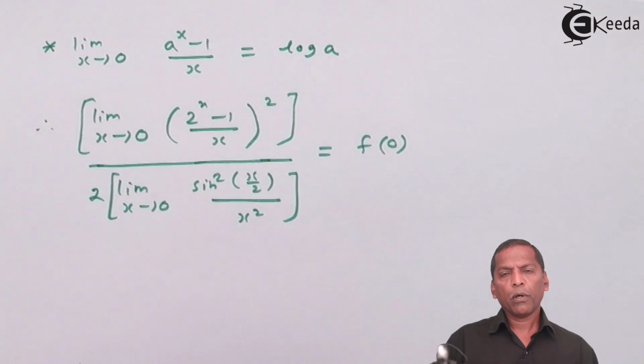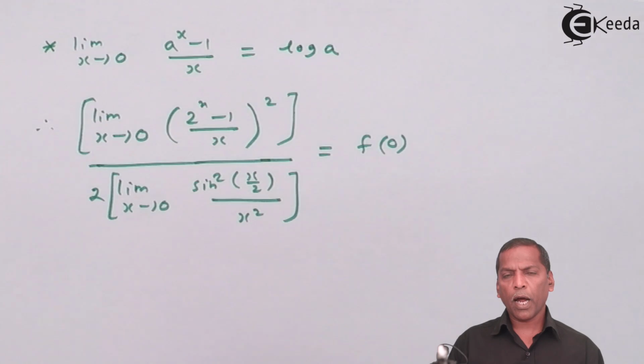So here we divide numerator and denominator by x square.